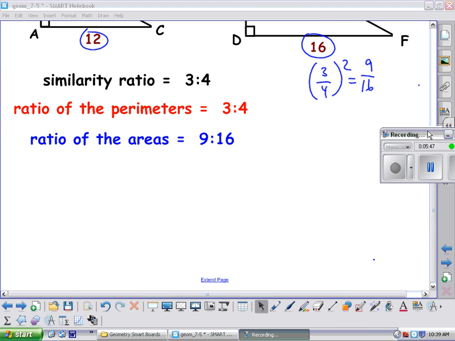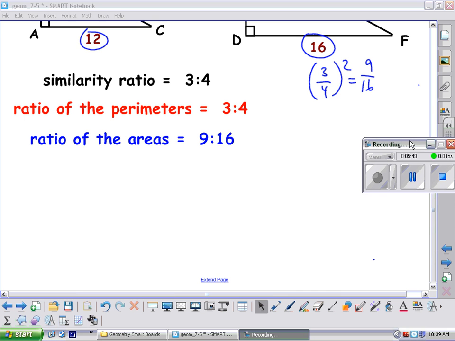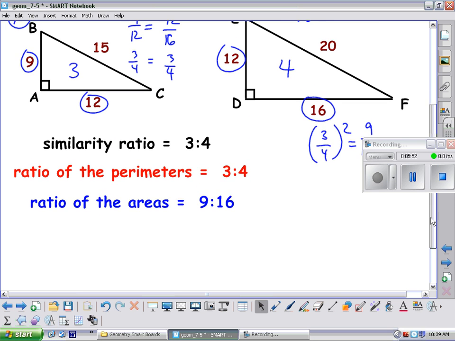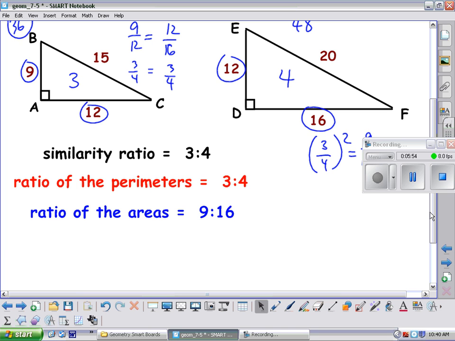Okay, should be able to do that. All right, area of ABC. So I go, let's see, 9 times 12, 1/2 of 9 times 12, and I get a grand total of 54.